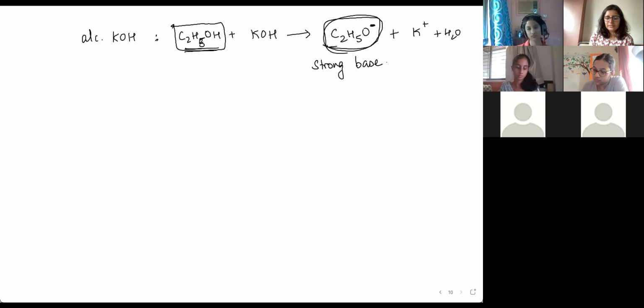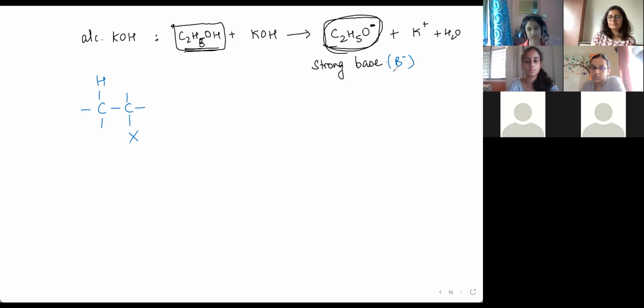So when we have alcoholic KOH and we mix it along with our haloalkane, here there is X, here let's say there's hydrogen. So the strong base, I'll just call it B minus for simplicity, is going to attack the hydrogen here.